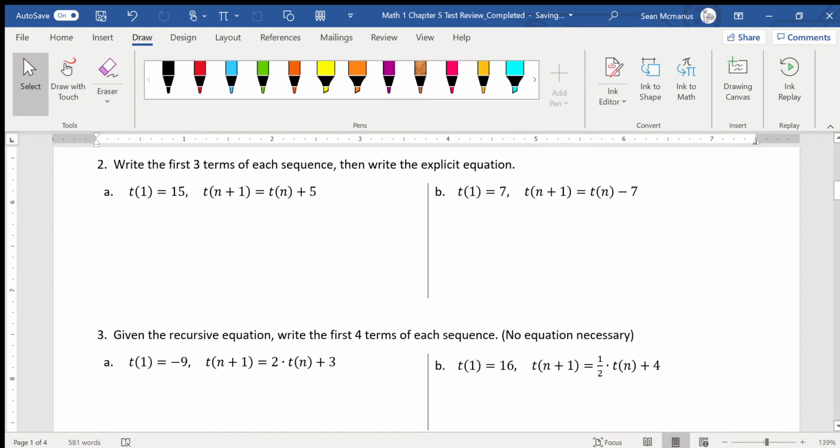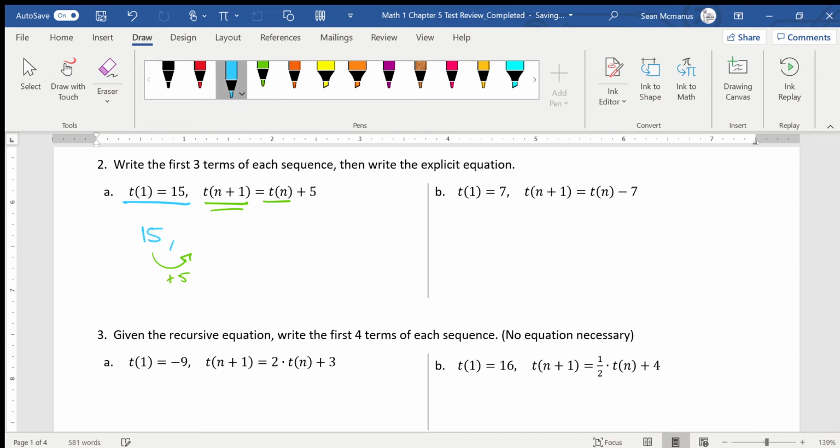All right, write the first 3 terms of each sequence, then write the explicit equation. So t of 1 is 15, and this tells me the next term is the current term plus 5. So that means I'm going to add 5 every time.